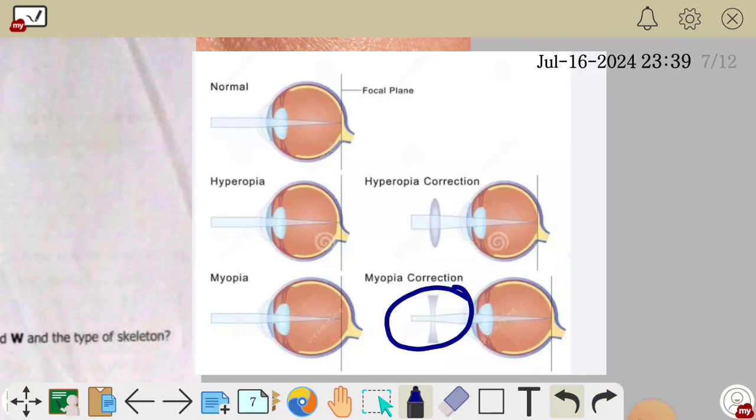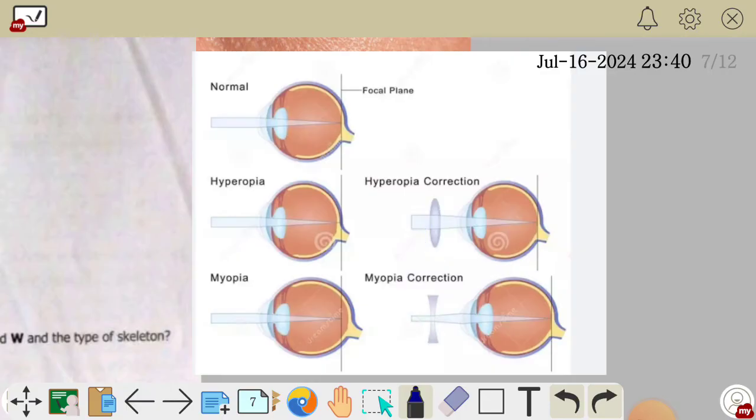Whenever you see a concave lens which has something like curves in the middle there, then just know that here we are correcting myopia, which is short sight. So short sight is corrected by a concave lens, and a convex lens, which has a smooth curved shape, is used in long sight.